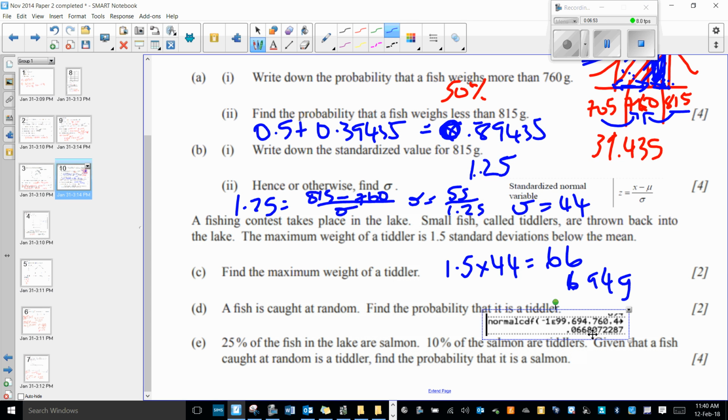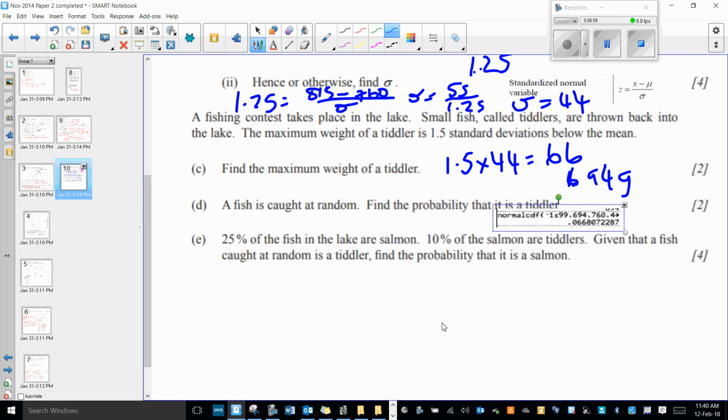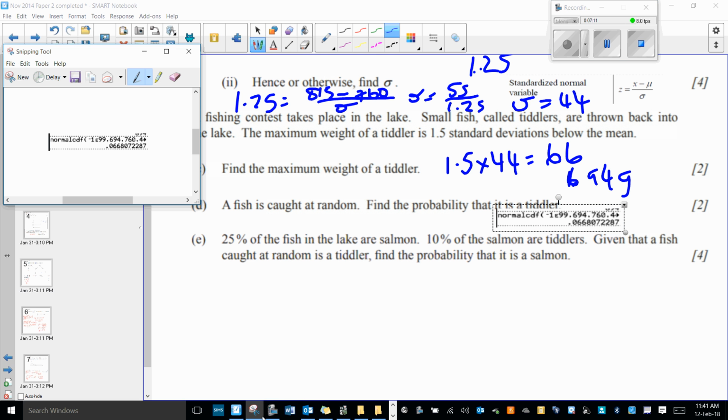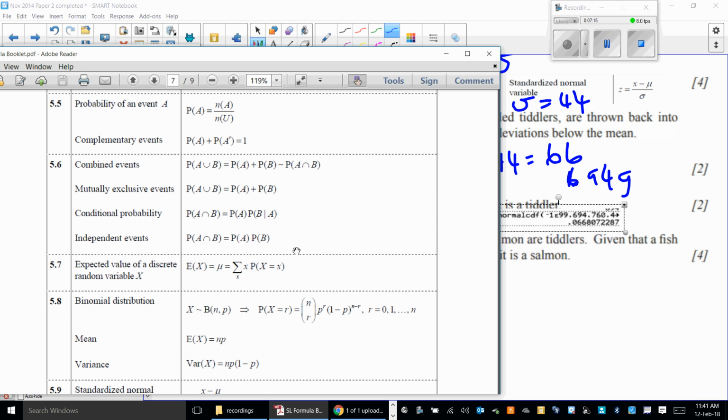Okay, 25% are salmon, 10% are tiddlers. Given that a fish is caught at random, find the probability it's a salmon. Okay, so conditional probability. I feel like we've had one of these, but maybe it's just because I've done lots of papers today.